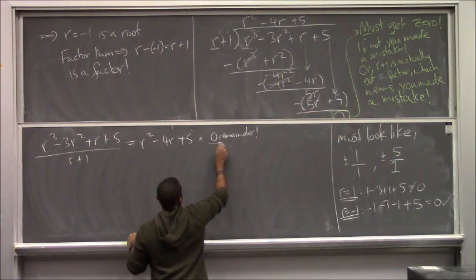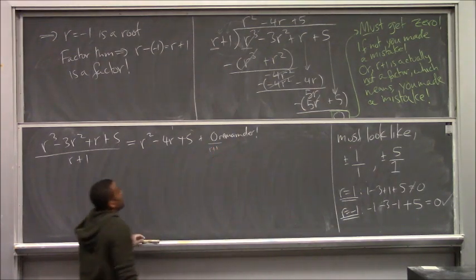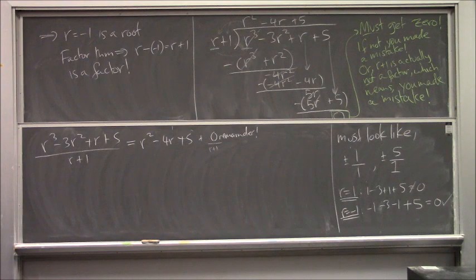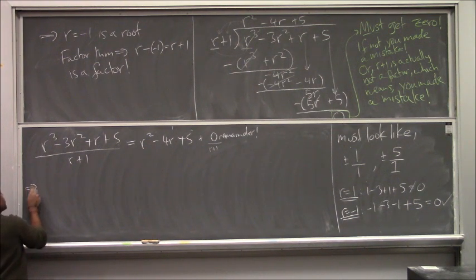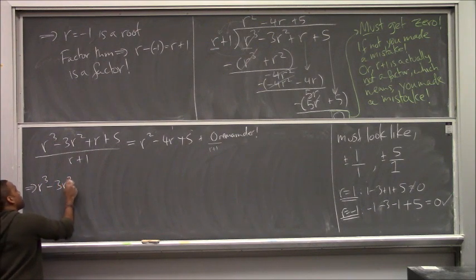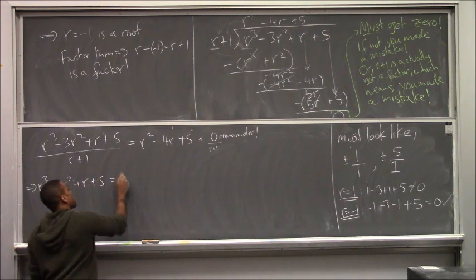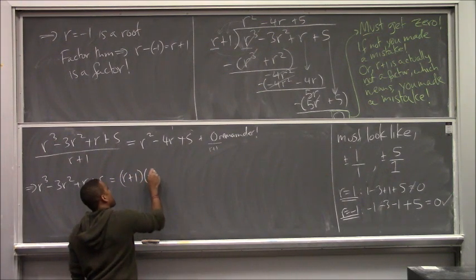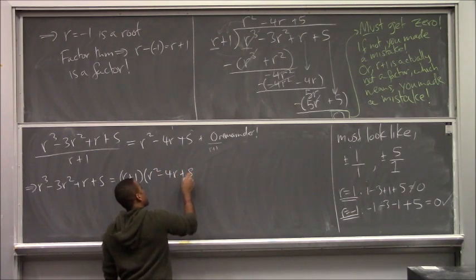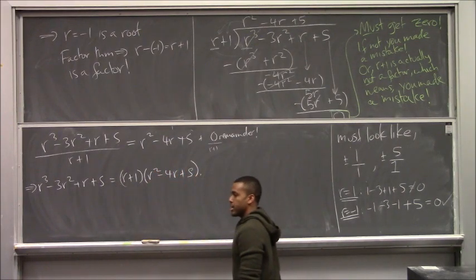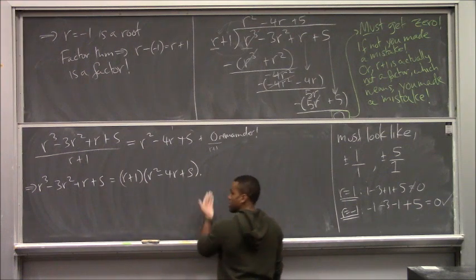Right? Technically, you write it as 0 over the r plus 1. But what does that actually mean? Well, I can multiply both sides by r plus 1. And that means I can write this cubic as this expression.